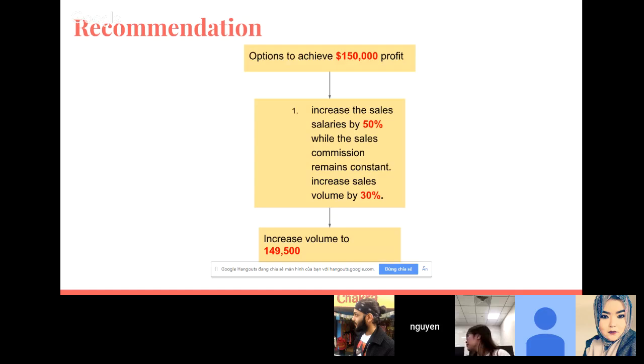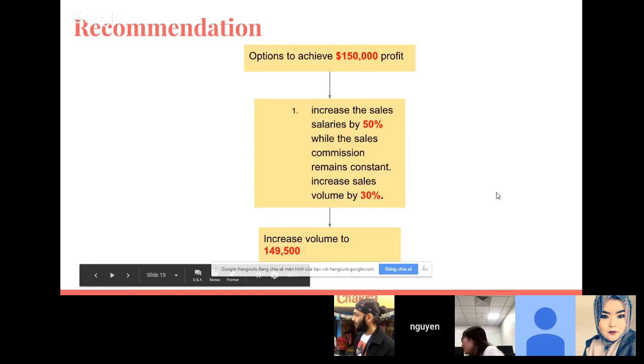So the recommendation to achieve the $150,000 profit is to increase salaries by 50% while the sales commission remains constant. So this will motivate the staff to work more and sell as much as they can, which can increase the sales volume.